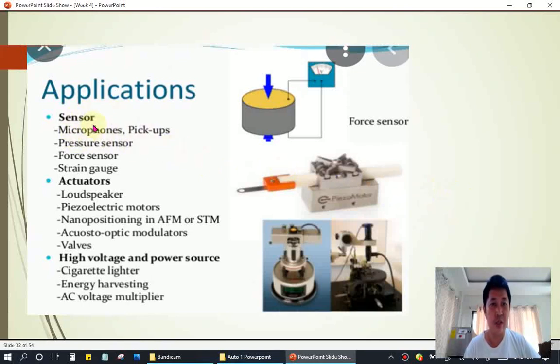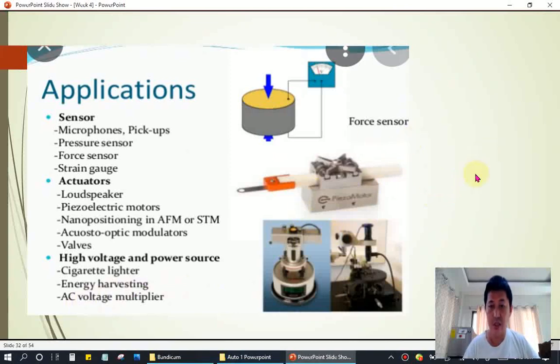So we have microphones, pickups, pressure sensor, force sensor, strain gauge. We have also the actuator, loudspeaker, piezoelectric motors, nano positioning on AFM and STM, acousto-optic modulators, bulbs, high voltage and power source, cigarette lighter, energy harvesting, AC voltage multiplier.